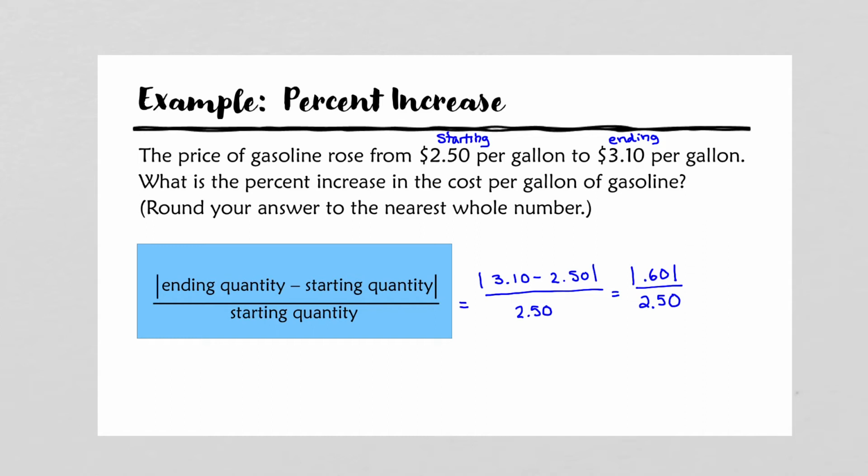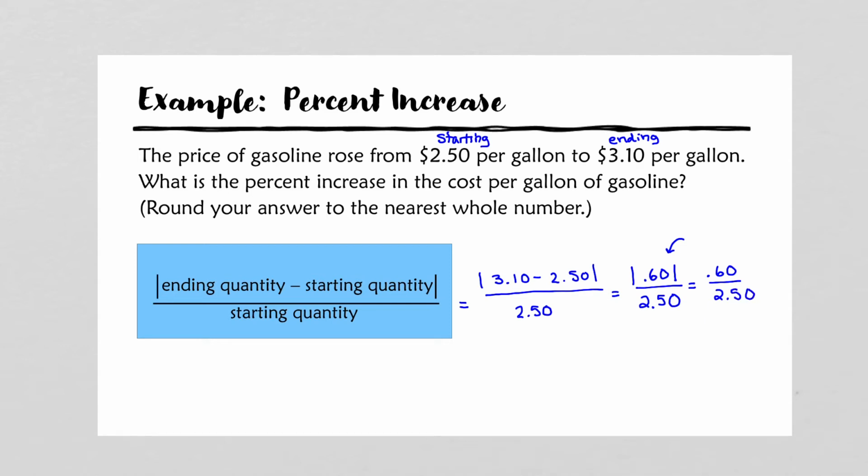Now, what's important to note is that our numerator is a positive number. This is what happens when you go from a starting number to an ending number and it increases. This is an indication that we have a percent increase going on. The number inside my absolute value is positive. Well, the absolute value of any positive number is also positive, so we have 0.60 divided by 2.50.